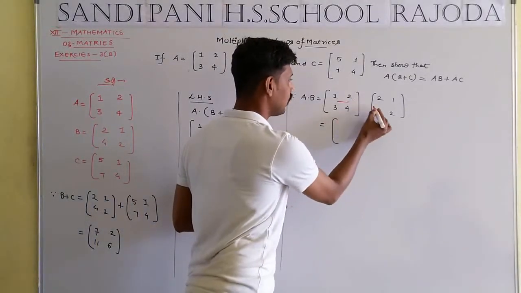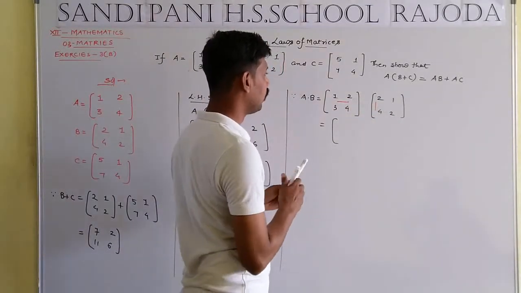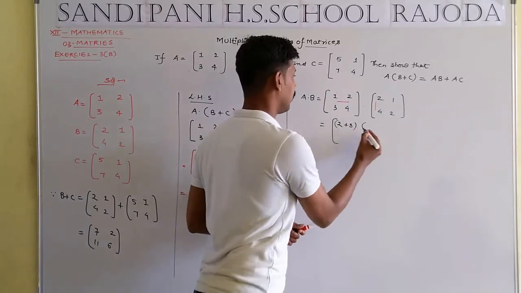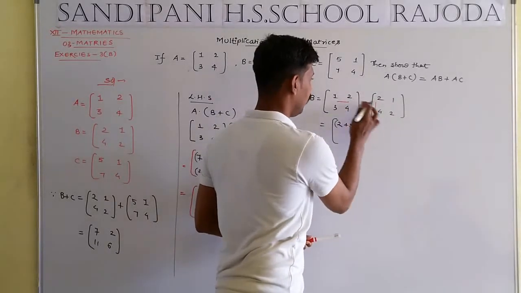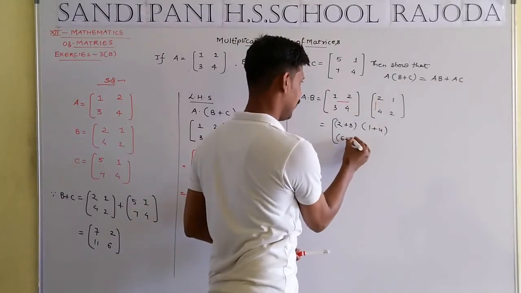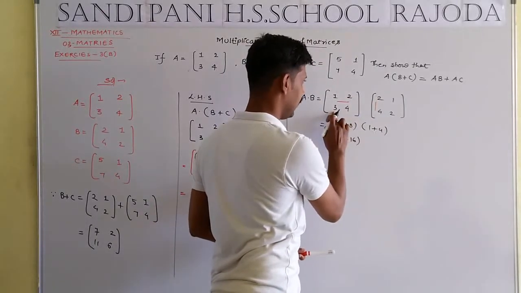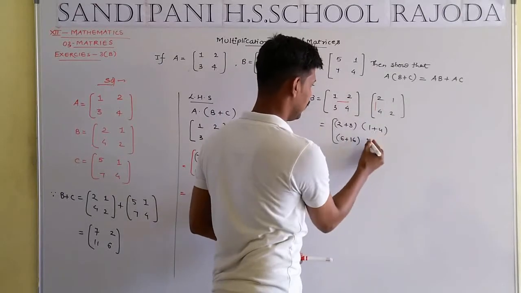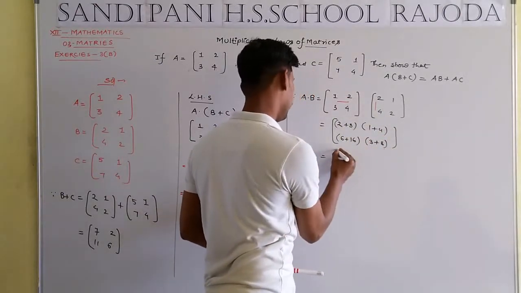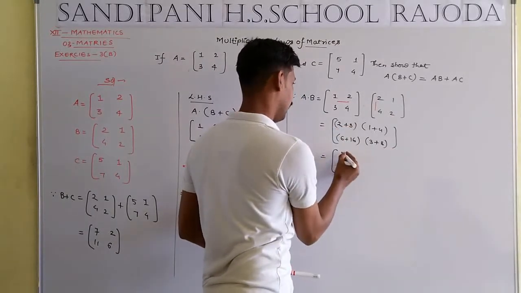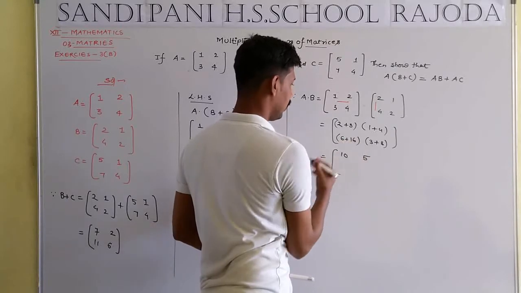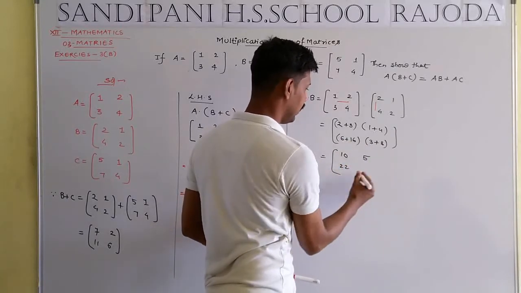Multiplication means the first row multiplied by the first column. 1 times 2 is 2, 2 times 4 is 8, 1 times 1 plus 2 times 2 is 5, 3 times 2 plus 4 times 4 is 22, and 3 times 1 plus 4 times 2 is 11. How do we calculate? 8 plus 2 equals 10, then 5, 22 and 11.